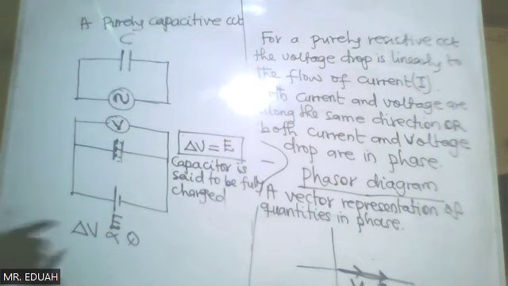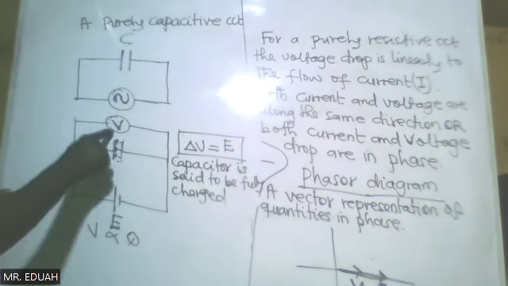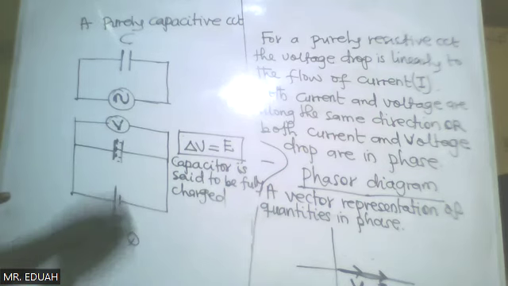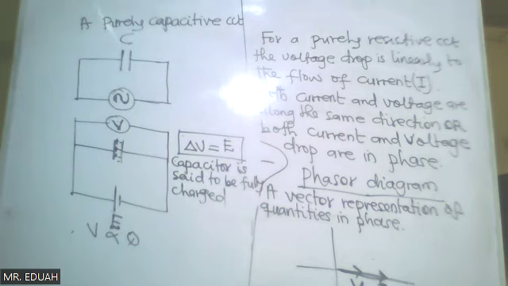And because the voltage drop V or delta V is directly proportional to Q, V measures the amount of charge stored on the capacitor plates, because V is equal to a constant of proportionality K times Q. Now, if you make K the subject, you have V over Q.